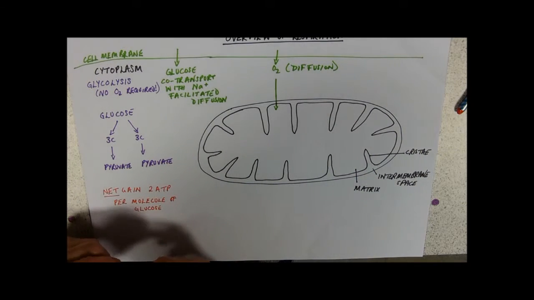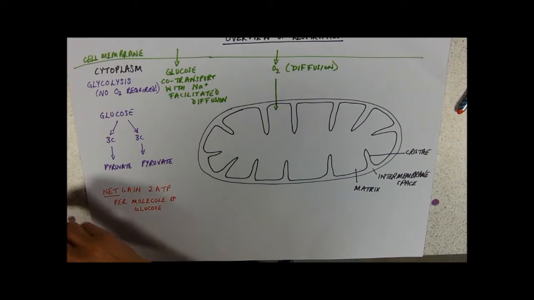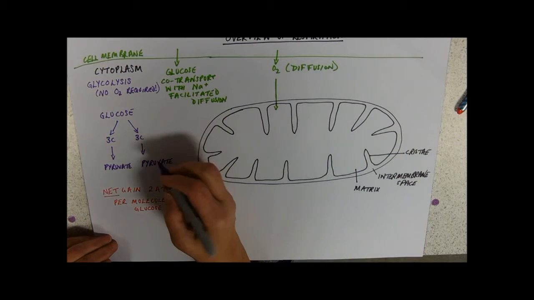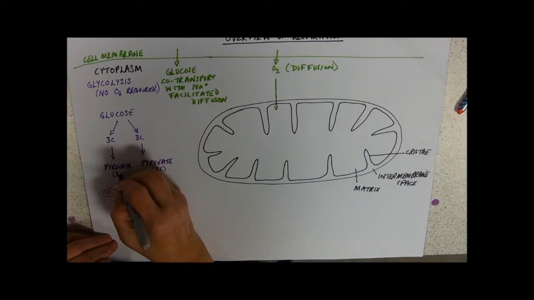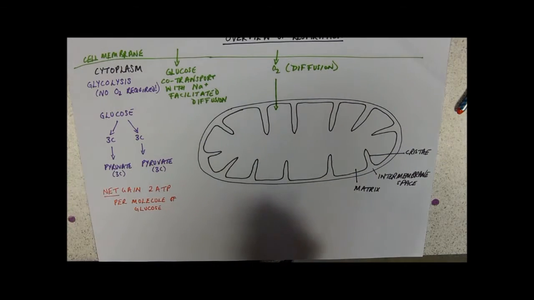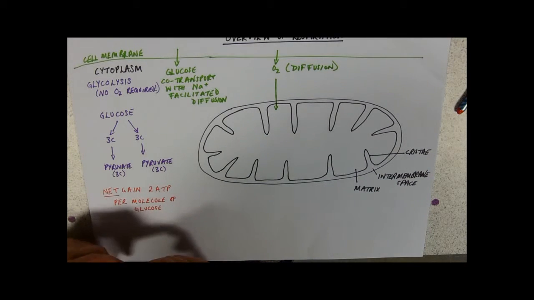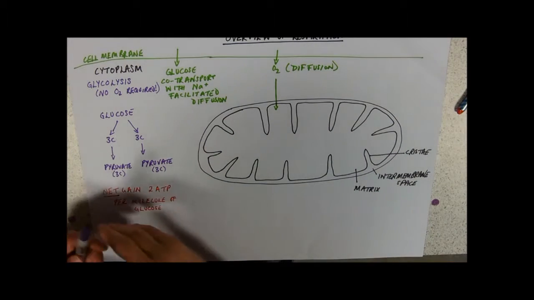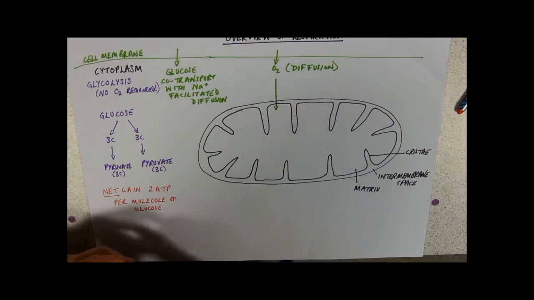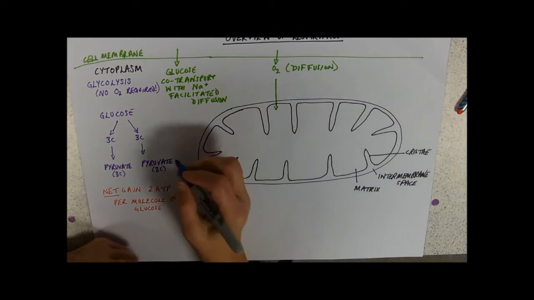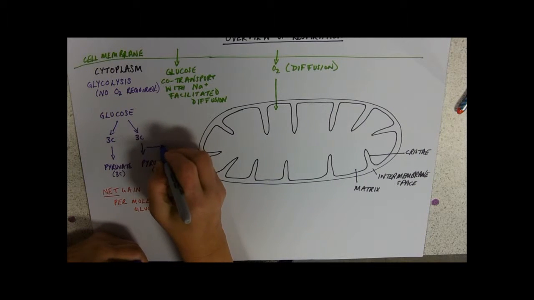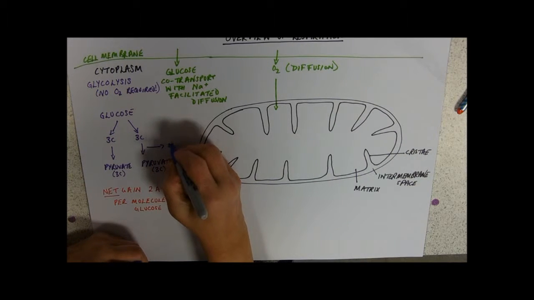And we're making 2 3-carbon molecules of pyruvate. So pyruvate has 3 carbons. Again, the most frequently asked question about the booklet was, what does this 3C mean? And we also make some reduced NAD, because we're oxidizing our substrate.